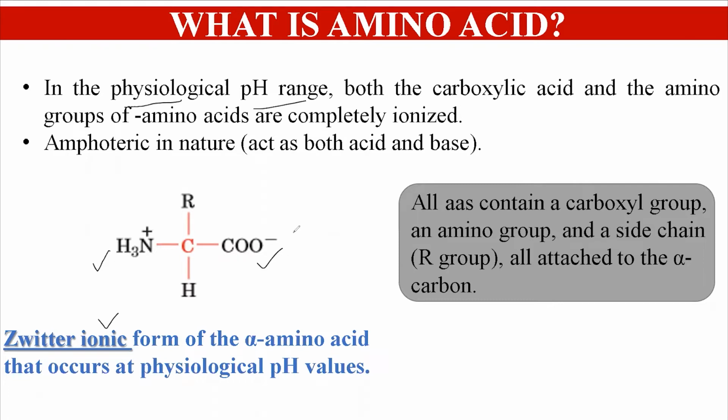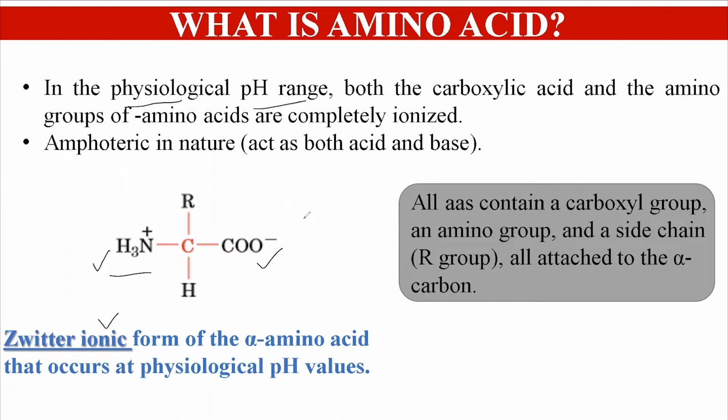The COOH group will exist as COO negative, as the carboxyl ion group, because the hydrogen has been removed from it. And the amino group will be present with a positive charge on it. So under physiological pH range, both the carboxylic acid and the amino groups of the amino acids are completely ionized. So always remember this.